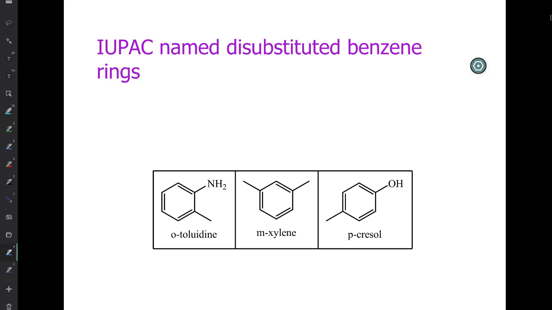So a toluidine, that's this here, is like an aniline and a toluene, so it's become toluidine, and the o indicates that it's in the ortho position. Xylenes consist of benzene rings with two methyl groups on them. And so that would be m-xylene. And cresols are phenols with methyl groups on them.